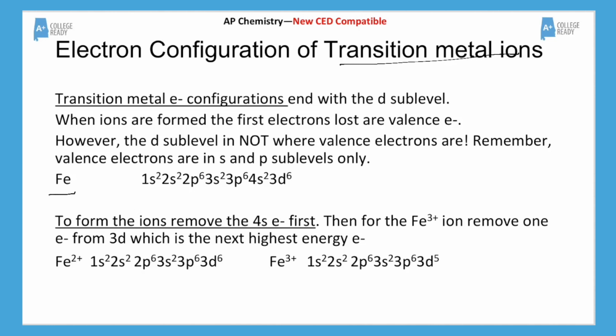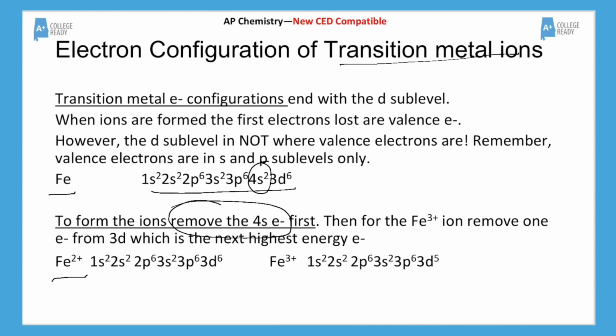To form ions of a transition metal, this is the key, and I've underlined it: we need to remove the 4s electrons first. Here's a neutral version right here. When it becomes iron 2+, notice it's the 4s electrons that are no longer there.